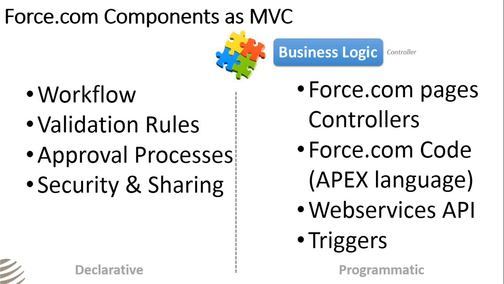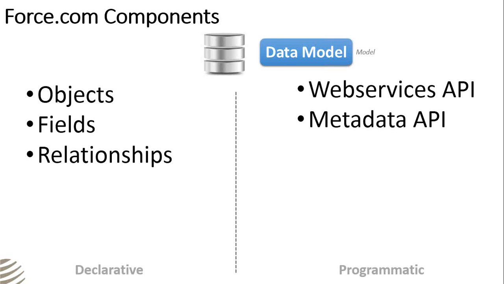And they have web services, APIs, and triggers also. So from the names, you can directly correlate with the traditional components available. There is nothing to explain more about it. These are the same things we have in traditional development or traditional platforms.